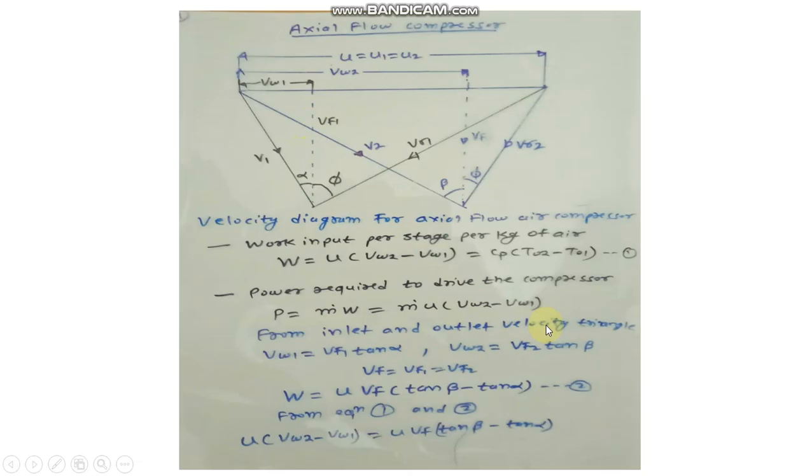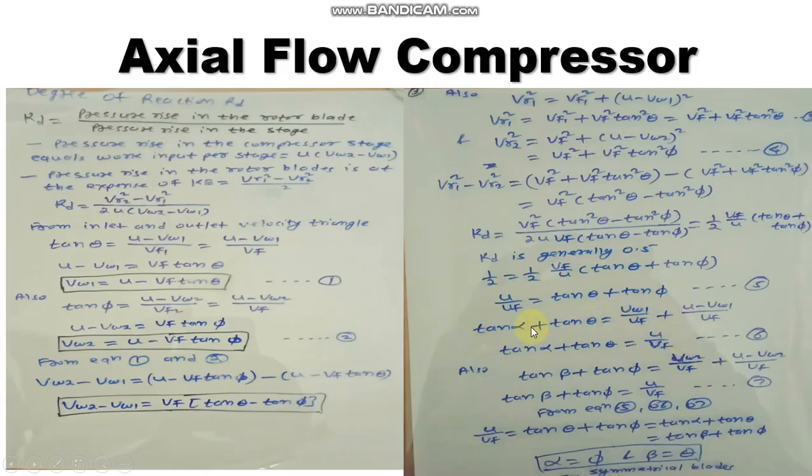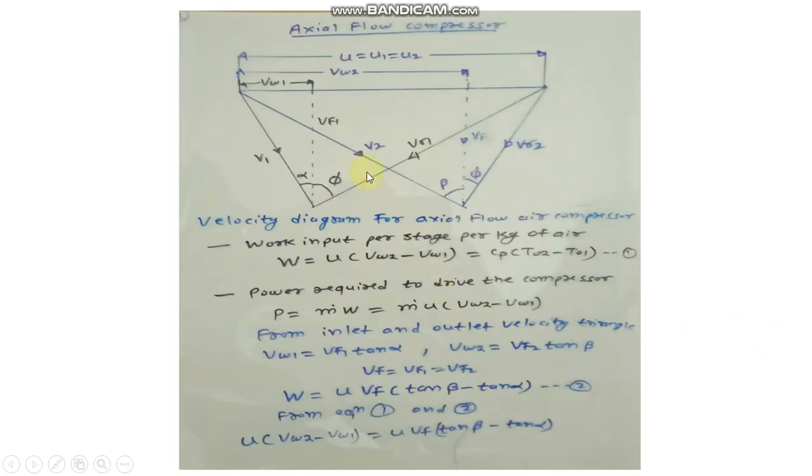So what will you get? Tan alpha plus tan theta is Vw1 upon Vf plus (U minus Vw1) upon Vf, so Vw1 is cancelled. Therefore, we again get the equation U by Vf is equal to tan alpha plus tan theta. This is equation number 6. Now beta and phi. This is beta.